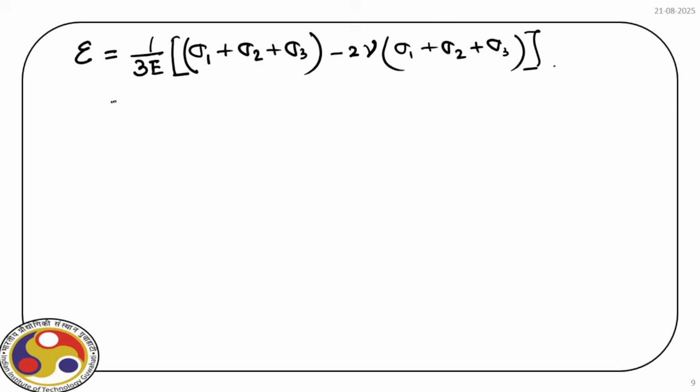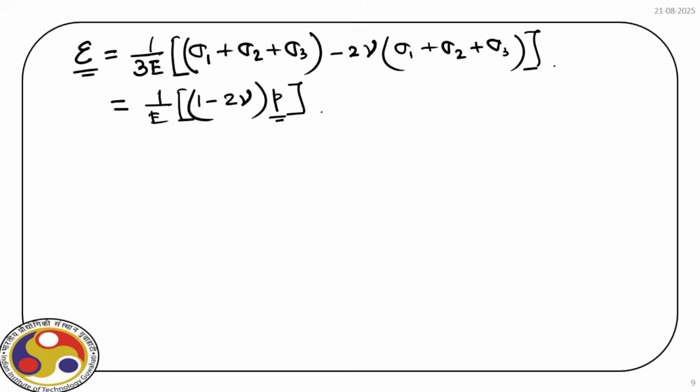If you further simplify, what we have here is 1 by E, and then we have 1 minus twice nu times P, right? And that's effectively the proportionality of strain and applied stress.